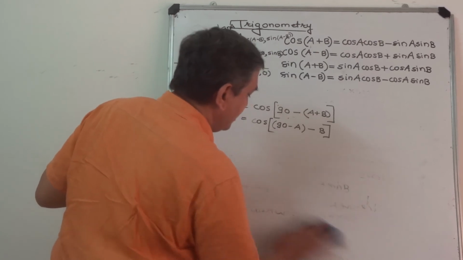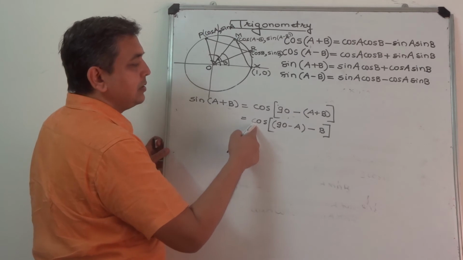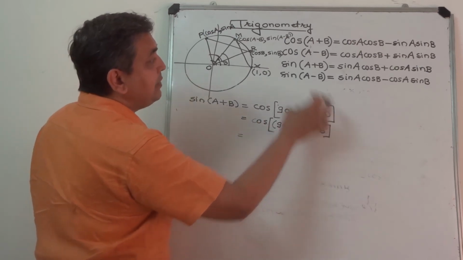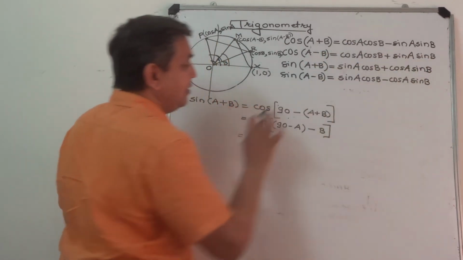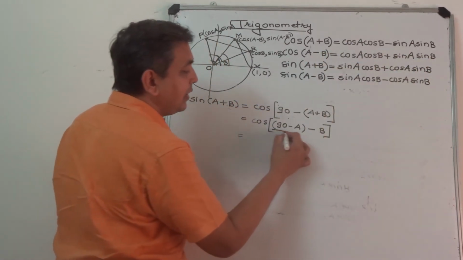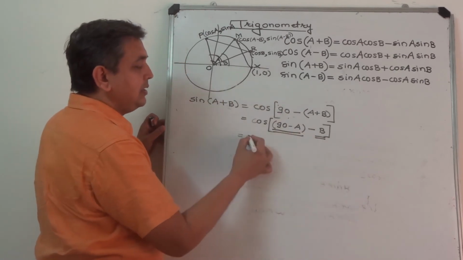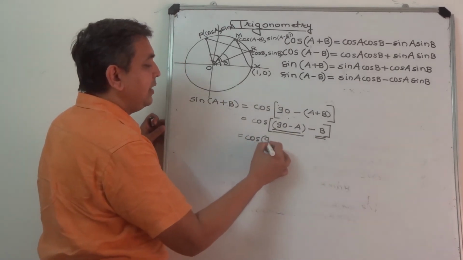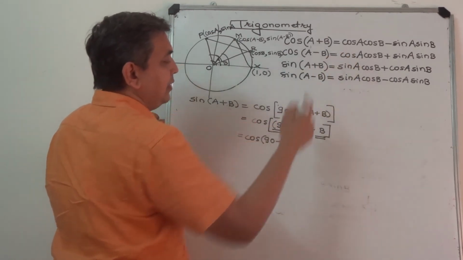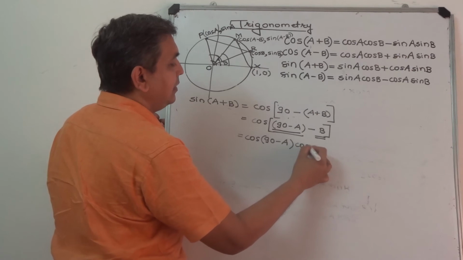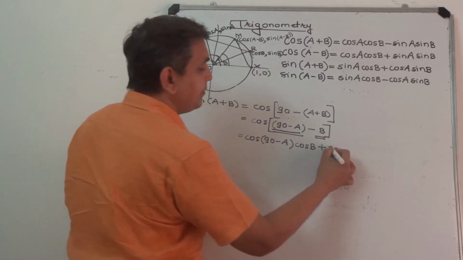Now see, this is cos A minus B formula, cos of A minus B. We can use this result for this cos of A minus B. What is the result? Cos A, in place of A we have 90 minus A, cos B. If this is minus, we have to use plus.